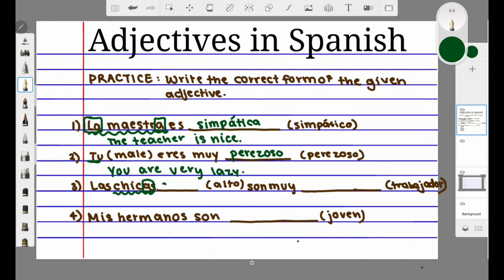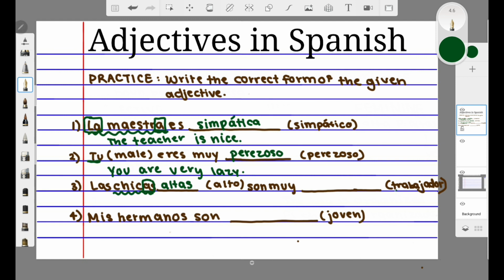So we know this is going to be altas. Son muy, for trabajador. So this one, I included it specifically because trabajador is a little bit of an irregular. Since it ends in a consonant, you would probably just put son muy trabajadores, which is actually incorrect in this case.